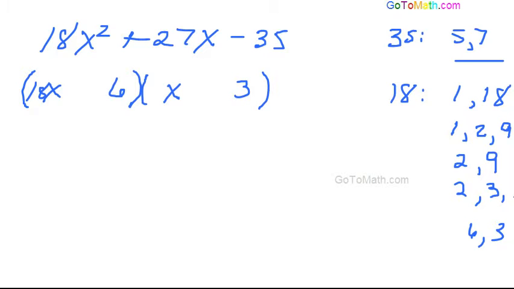You know what? What if I did 35 here and 1 here? 18 and 35. Dadgum, that's 17.